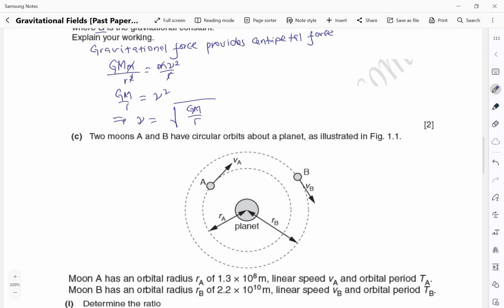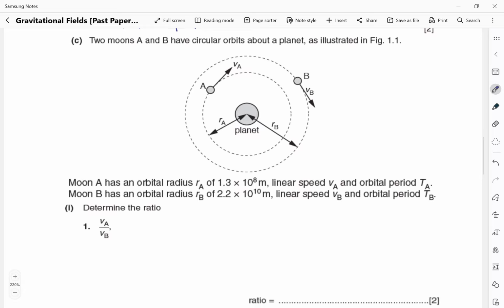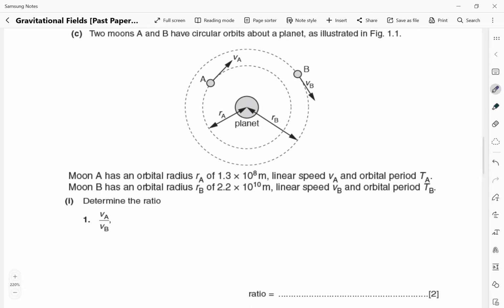Two moons A and B have circular orbits about a planet as illustrated here. Moon A has an orbital radius of 1.3 exponent 8, linear speed V_A and orbital period T_A. Moon B has an orbital radius R_B of 2.2 exponent 10 meters, linear speed V_B and orbital period T_B.